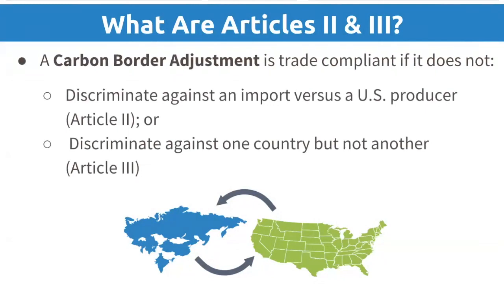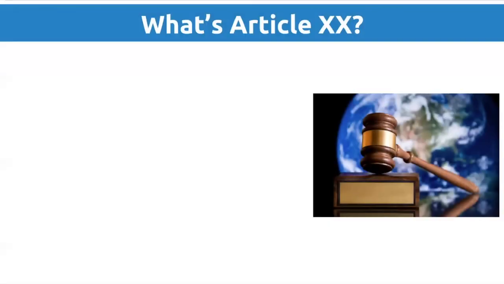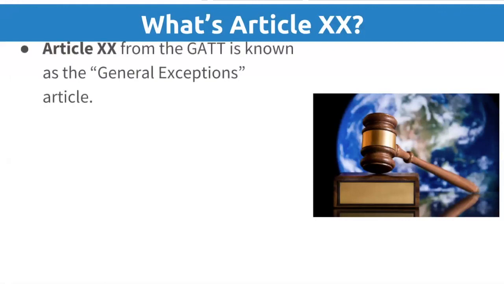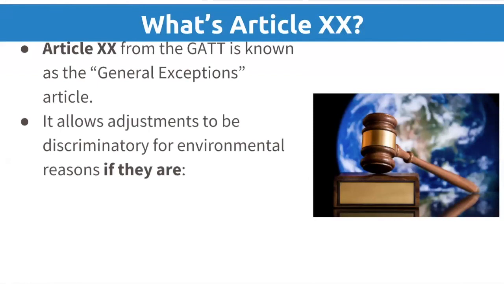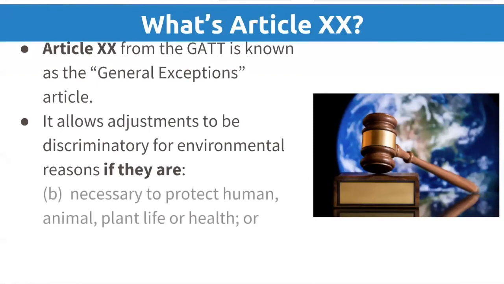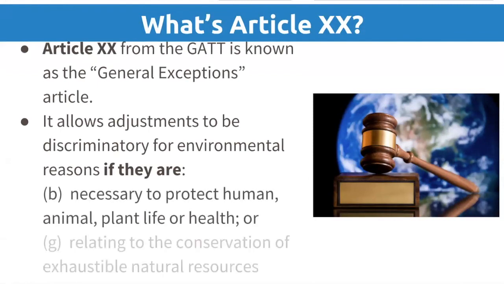In any case, the General Agreement on Tariff and Trade contains Article 20, which allows discriminatory practice for environmental reasons to protect human, animal, or plant life or health, and anything relating to conservation of exhaustible natural resources. Either way, we can see how language within the World Trade Organization GATT provisions protects the legality of a policy, such as a fee and dividend.